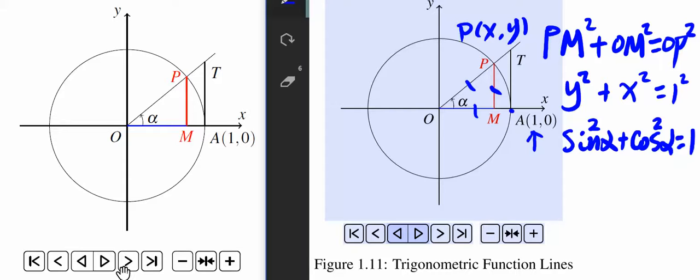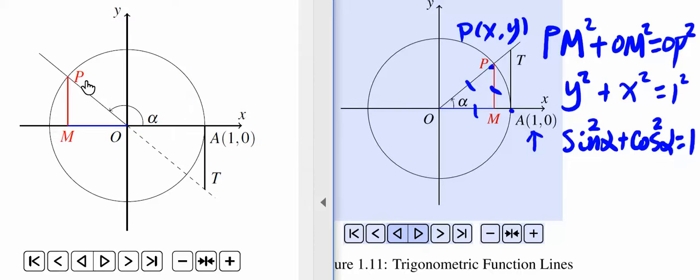To see the animation, on the left-hand side, P was in the first quadrant. The case is the same if it is in the second quadrant.